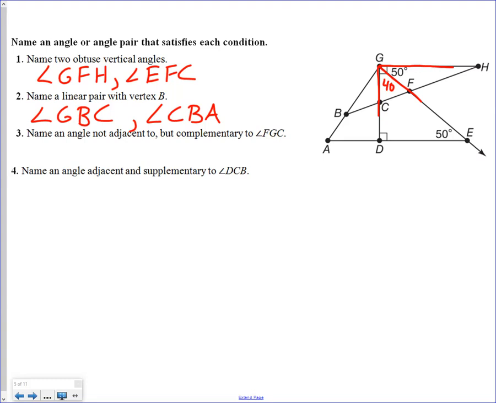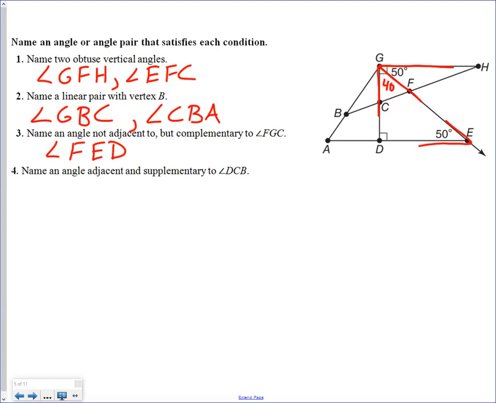So G, what was it? GBC. I don't think there's a way for us to know what the measure of that angle is. FED says it is 50, right? And so we could use that. Angle FED.